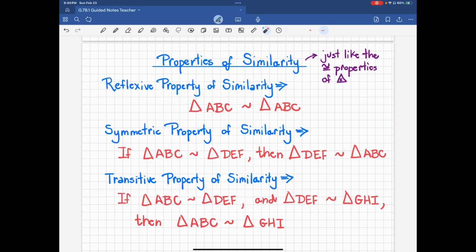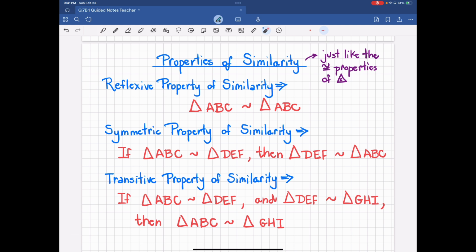Then we move on to the symmetric property. The symmetric property says if I have triangle ABC similar to triangle DEF, then I can go backwards and say that triangle DEF has to be similar to triangle ABC. Our third property is the transitive property, and this is a pretty cool property.